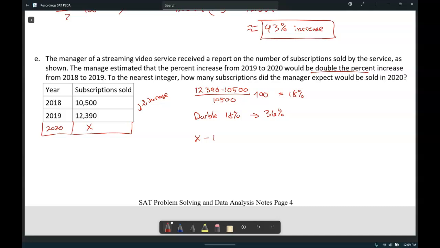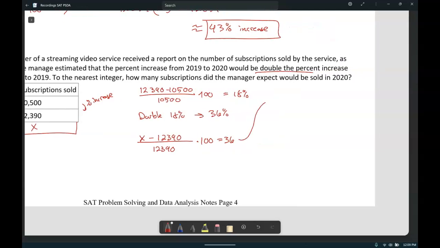So X, we're looking at an increase times 100 has to equal 36%. So simplifying and solving, we can predict that the number of subscriptions sold will be 16,850.